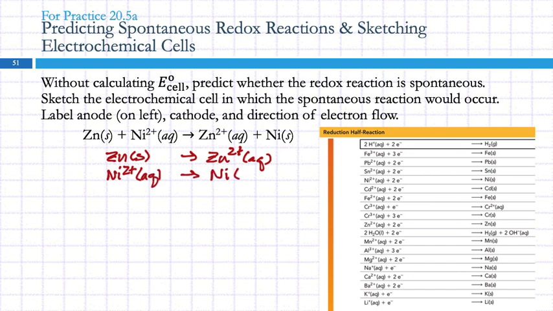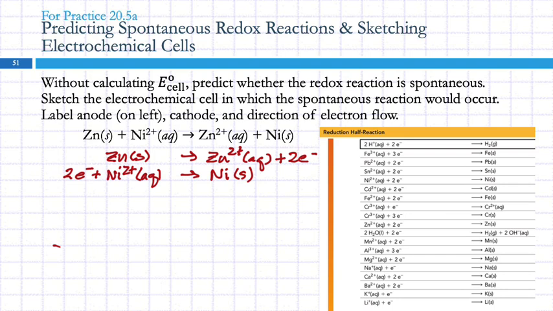So I need 2 electrons over here and 2 electrons over there. Well, which one of these is the reduction? Which one matches with the electrons on the left? Right, it's the nickel.